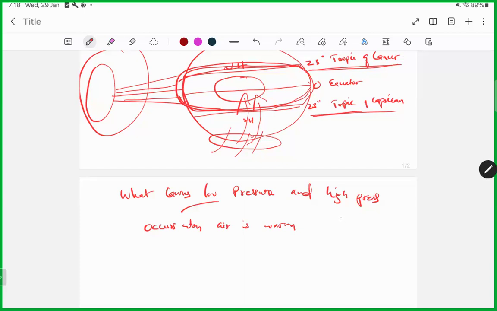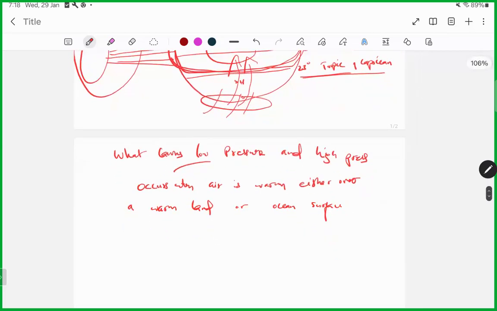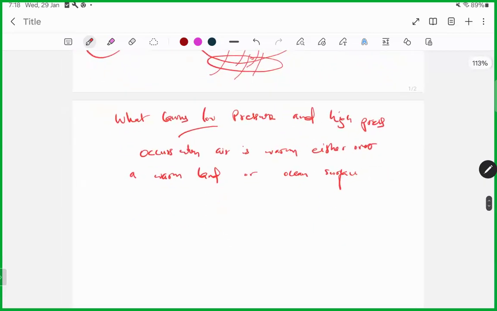Low pressure occurs when the air is warm, either over a warm land or ocean surface. First we will discuss in detail like this, and later I will discuss how to answer what is a tropical cyclone and how it affects India.